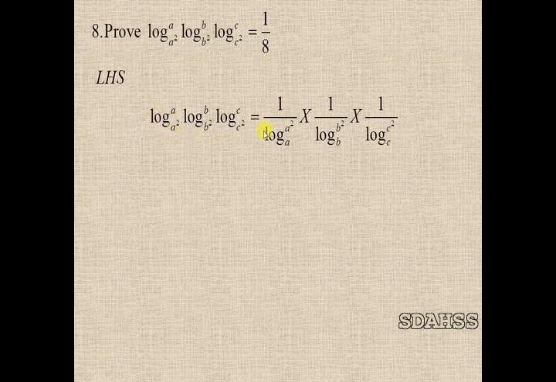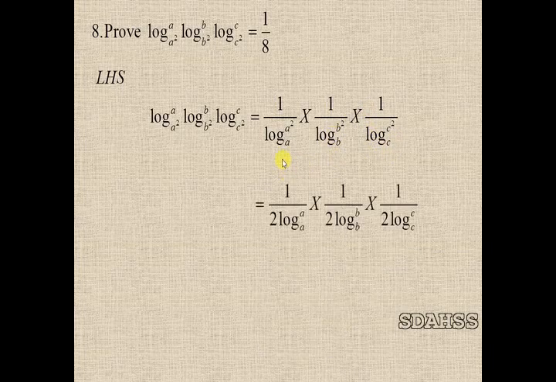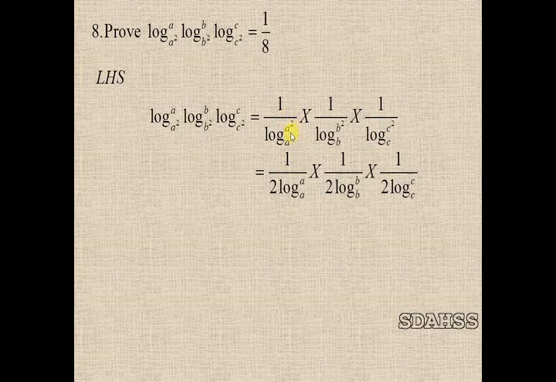So this becomes 1 by log a square base a into 1 by log b square base b into 1 by log c square base c, which is equal to, bring this power in front of logarithm. So this becomes 1 by 2 log a base a into 1 by 2 log b base b into 1 by 2 log c base c.